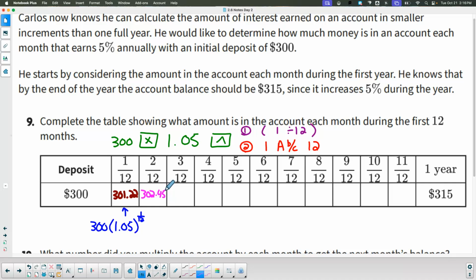So if you didn't remember, R here was equal to any term divided by the term before it, or a sub n divided by a sub n minus 1. So any term divided by the term right before it gets us our R value. In this case, what is our R value?